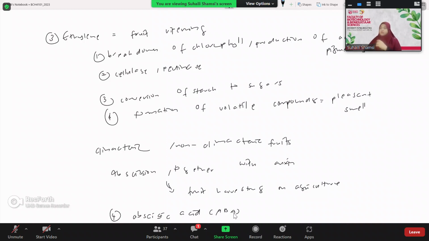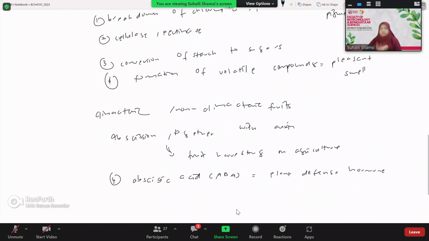It's known as a plant defense hormone. In extreme weather condition, in freezing, extreme weather condition, drought, freezing temperature, or even environmental pollutants. So what does it do?